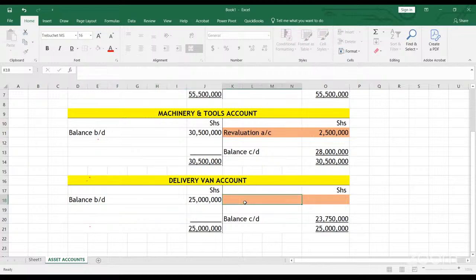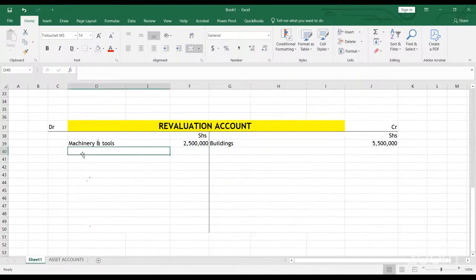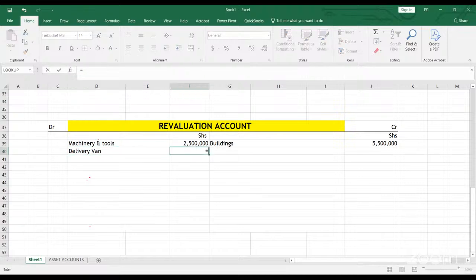This is a revaluation account. The difference is how much? 25 minus 23.75, that is 1,250. Revaluation loss still, delivery van.